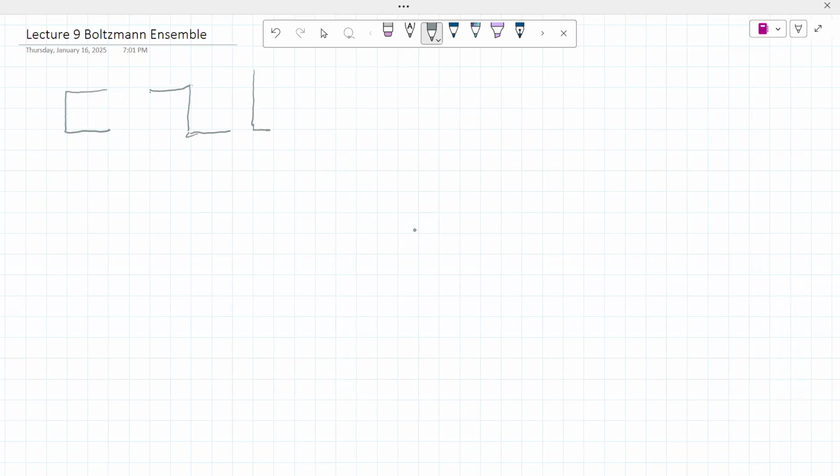So notice that the size of each of these is the same, but they have different configurations. That's the key thing here. Like that. And then we have the 1, 2, 3, 4, like so. Oh, it even makes a nice straight line.